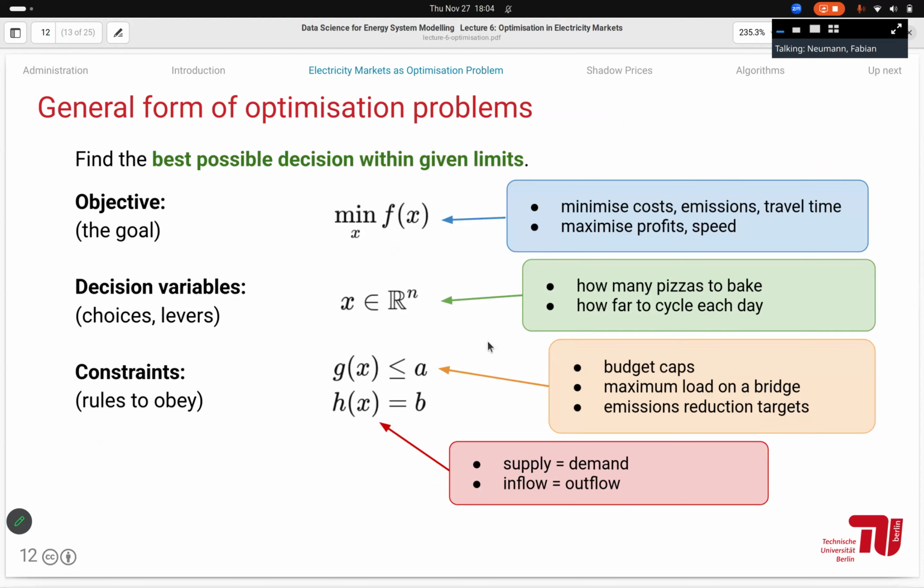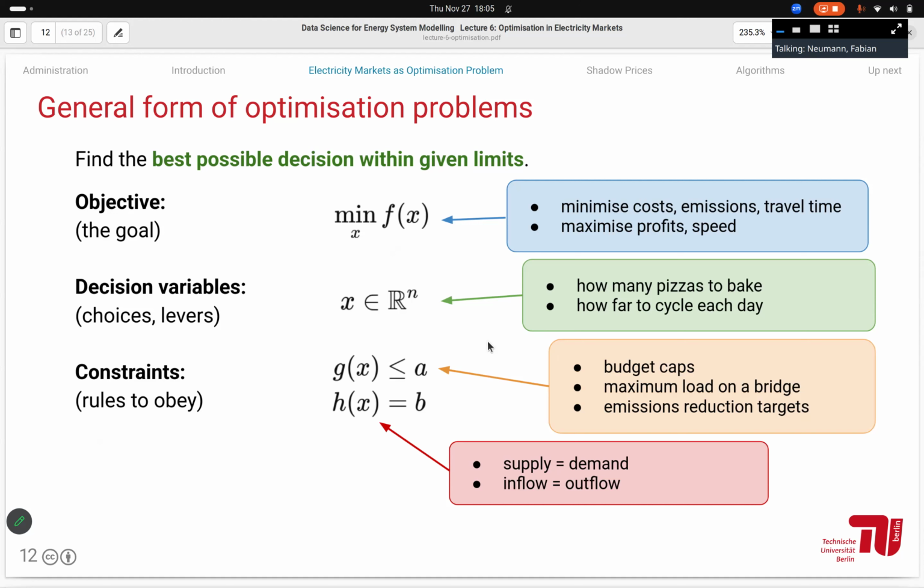So in general, for every optimization problem you have the goal to find the best possible decision within given limits. What makes the best possible decision is typically specified with an objective, the goal, a function that you want to minimize. For example, minimizing costs, emissions, travel time, or maximizing profits and speed. You have the decision variables, the unknowns, the choices or the levers that you don't know yet and want to find out.